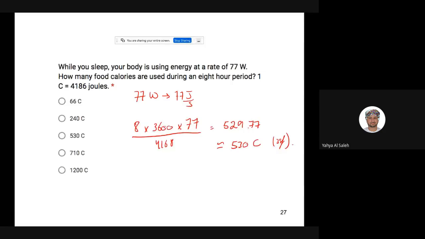And I am trying to find one where it shows us both joules and calories. Okay, here we go.